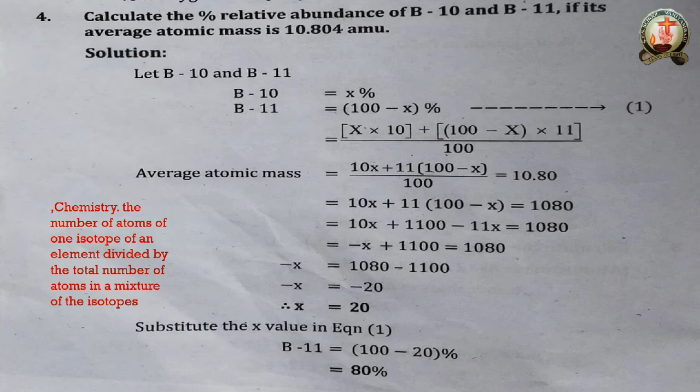So finally: 10x plus (100 minus x) into 11, divided by 100, is equal to the total value they have given, 10.804. So I can take 10.804 into 100, okay, so I can multiply this 100 here.